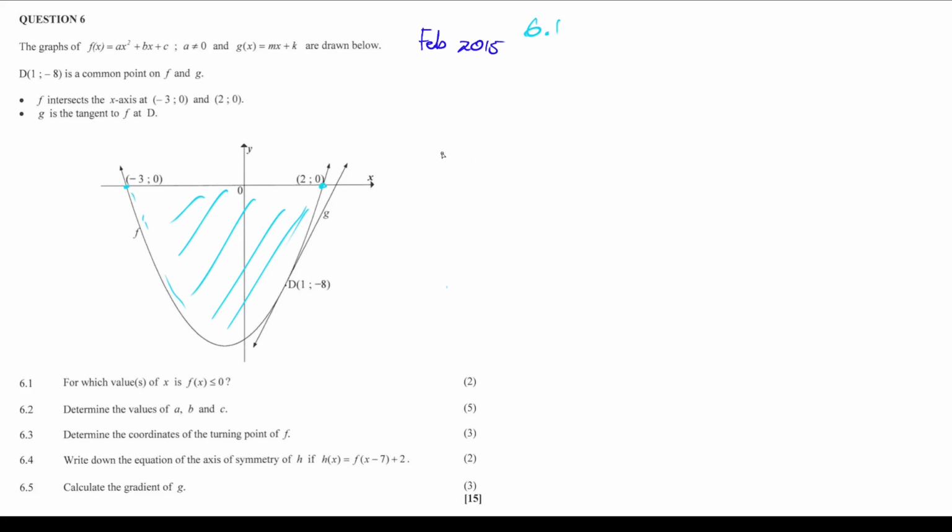So all we say for 6.1 is x must be bigger than -3, but they say also equal to 0, so therefore also equal to 0, and all the way up to 2, so it must be smaller than 2 and equal to 2, because we also want 0. Great, no funny business, right? Easy peasy lemon squeezy.